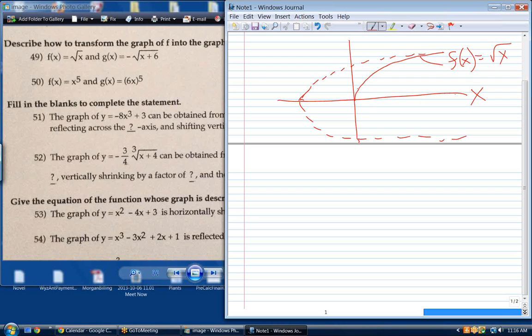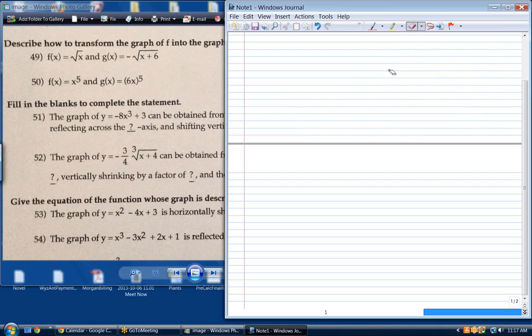In this particular case, I didn't follow my own rules. We should have done the reflection first. But notice it didn't matter here. In other words, if I do the reflection first, now the shift, I get the same thing we got. But had this been a vertical reflection instead of a horizontal reflection, it would have mattered. So sometimes when you get both, it really does matter which you do first.